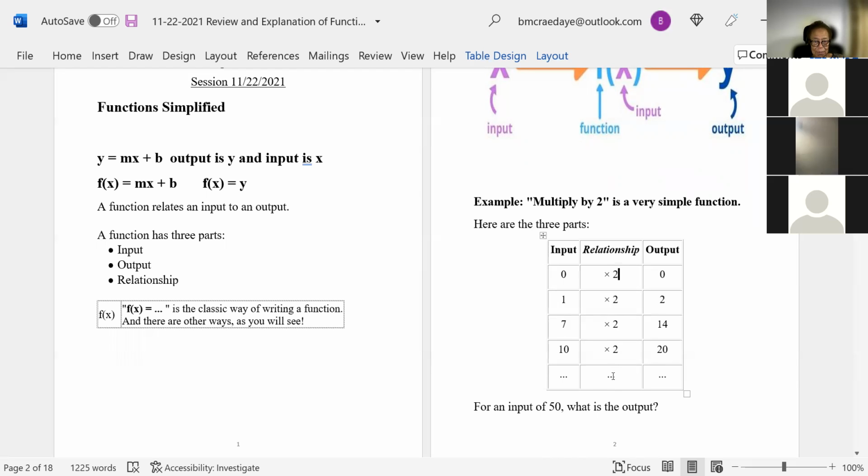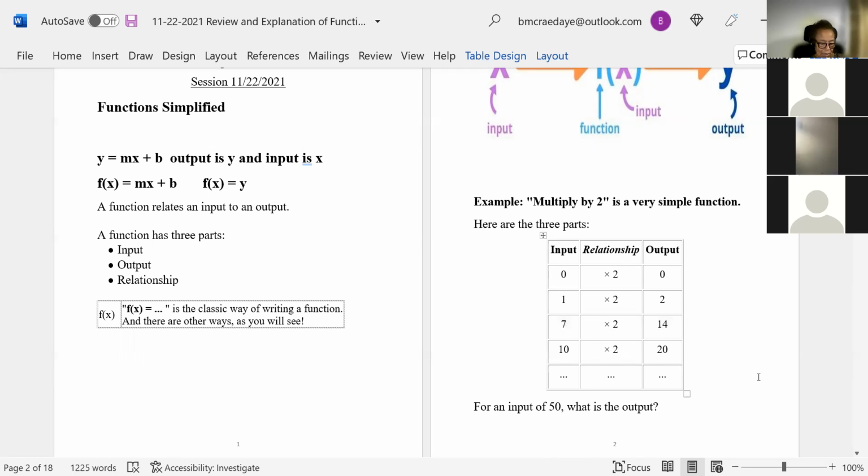I thought input was where you have the 0. Yes, this is the input right here. See, my inputs are 0, 1, 7, and 10. My outputs are 0, 2, 14, and 20. How did I get them? I multiply 2 times my input. So if my input is 50, 2 times 50 would be 100.